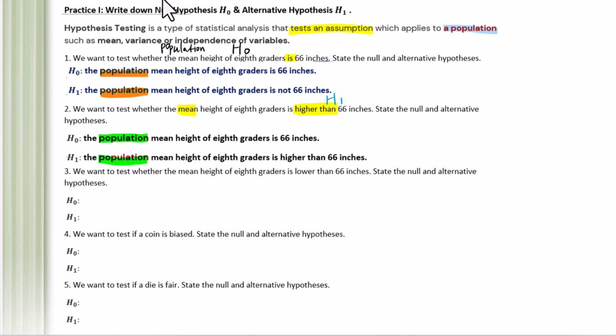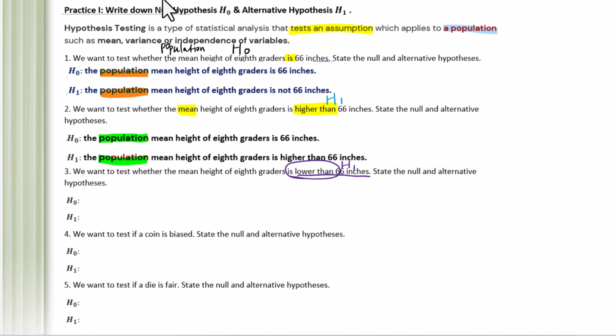Question 3. We want to test whether the mean height of 8th graders is lower than 66 inches. Lower than means not equal to 66 inches. So this is H1.